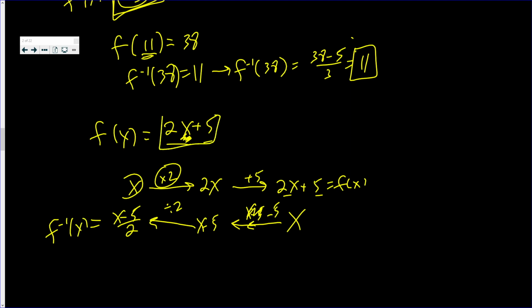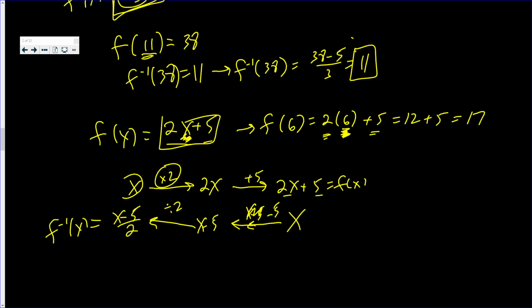It undoes that. If you have f of 6, that's 2 times 6 plus 5, 12 plus 5, 17. Okay, so you had 6 in your calculator, and by error, for example, you multiplied it by 2 and added 5, and now you have that number. How do you go from that number back to 6? Well, by this rule.